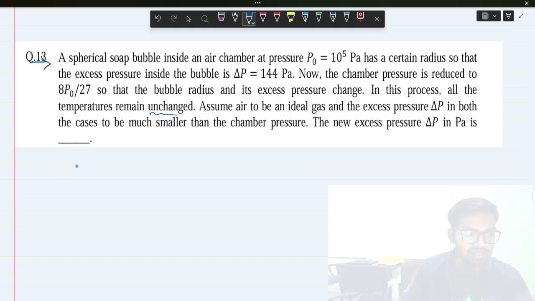So the question is, say there is a chamber like this, and inside this chamber there is an air bubble.